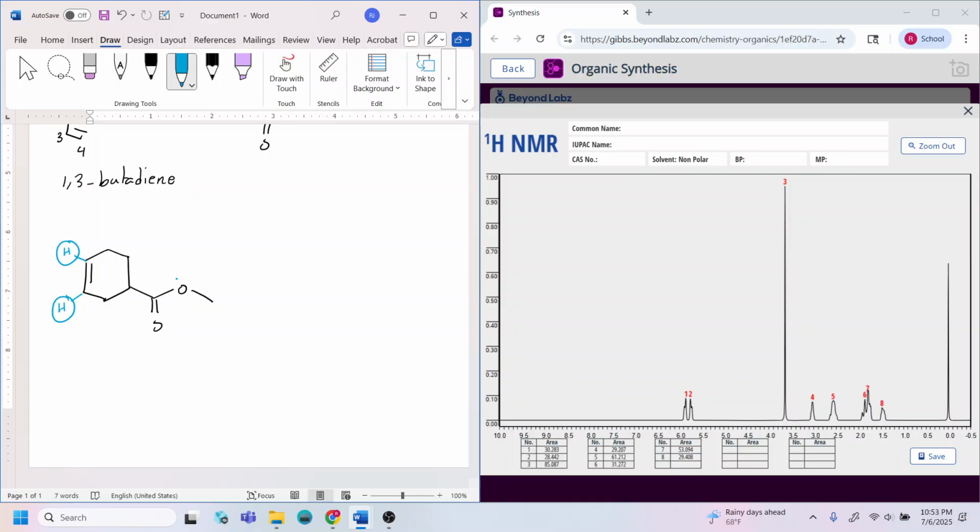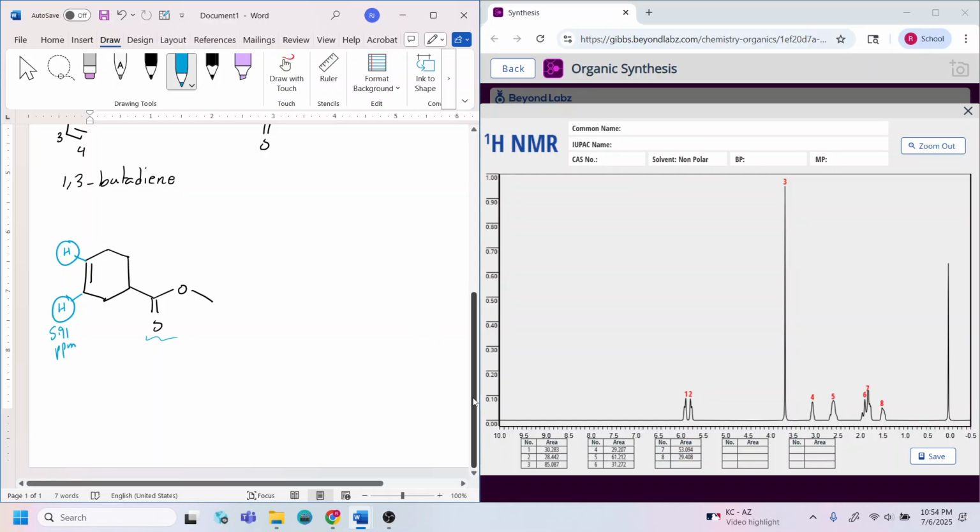Now the one that is closest to the carbonyl is the one also which is the most de-shielded. So I'm expecting that this hydrogen, because it's closest to the carbonyl, is going to be around, if I read this, it's around 5.91 parts per million.